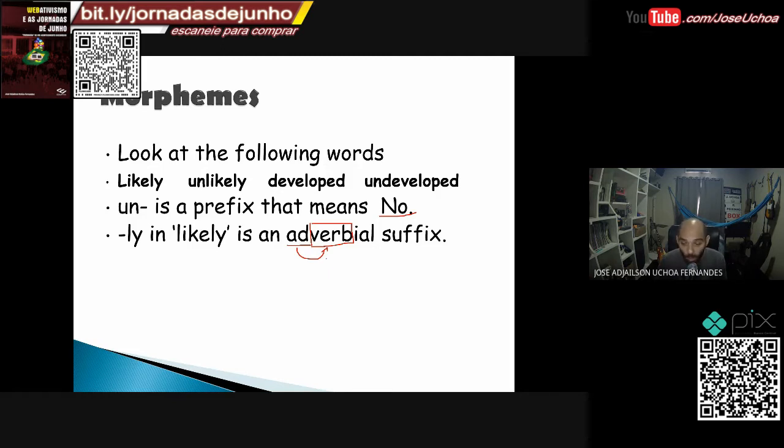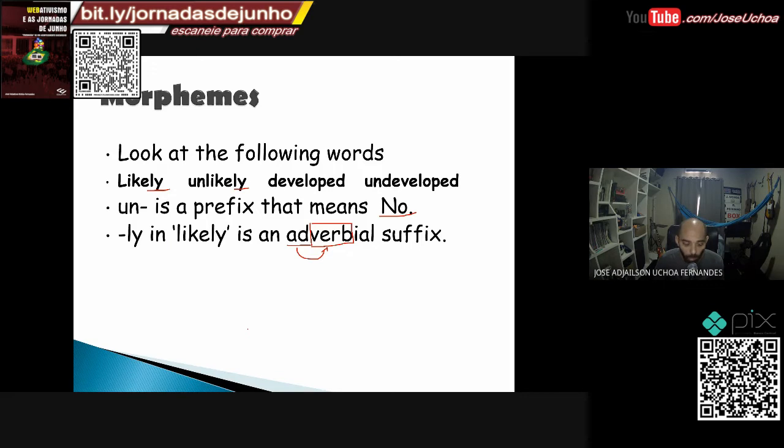And that's why they're called adverbs. What we just have done here is a morphological analysis of the word adverbial. So we analyze the word adverbial from a morphological perspective to understand what an adverb is. It's something beside the verb. Okay, and it's the case of ly in likely and unlikely.